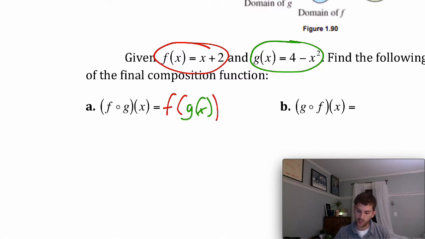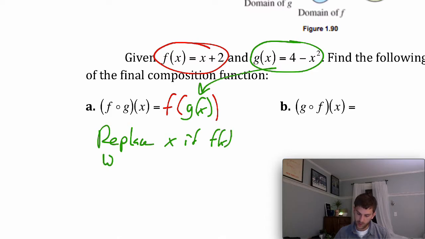In other words, we're going to plug in g of x in for the x's in f of x. So let's start writing out x plus 2, but instead of x, we're going to replace the x with all of g of x.